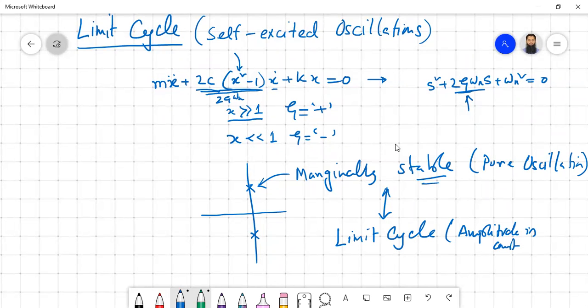Marginally stable systems are also sensitive to changes in the system parameters, but for the limit cycle it doesn't make any difference. Whatever parameter you change in your system, it always remains. So the limit cycle has no sensitivity to system parameter change.